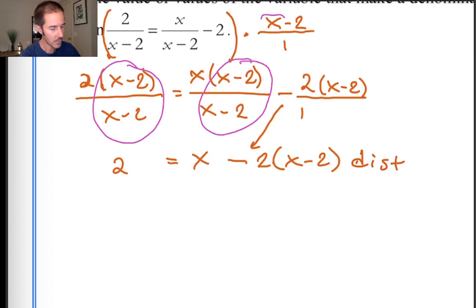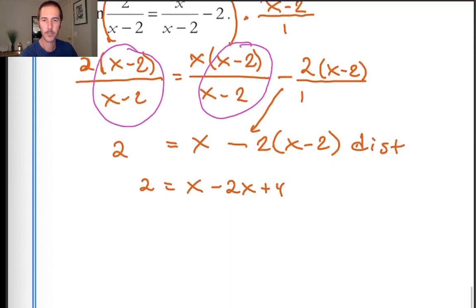I have to distribute multiplication by this negative 2 into these two terms in the parentheses. The 2 is still on the left-hand side of the equation. The x is still on the right-hand side. Negative 2 times x makes negative 2x, and negative 2 times negative 2 makes positive 4. So be careful and remember that when you distribute, you do have to take that minus sign with you.